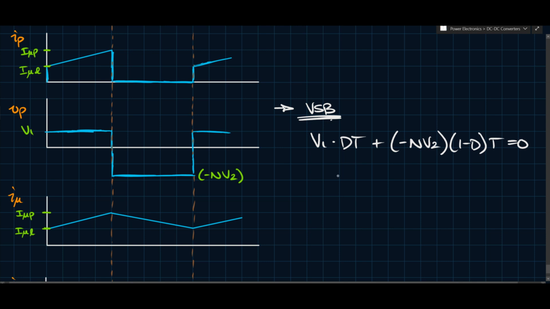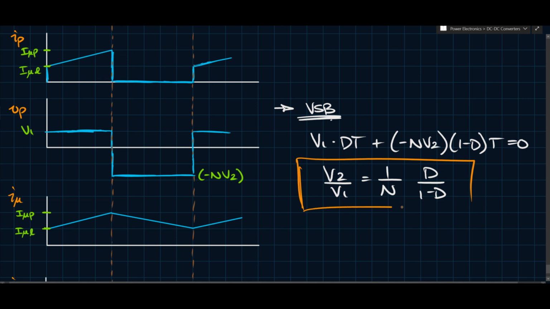If you solve and rearrange this, you'll get that V2 over V1 equals 1 over n times d over 1 minus d. And this is exactly the conversion ratio for the buck boost, except for this new 1 over n term. Again, this is for CCM, so this is clearly continuous conduction mode. You can see this inductor current never reaches 0.